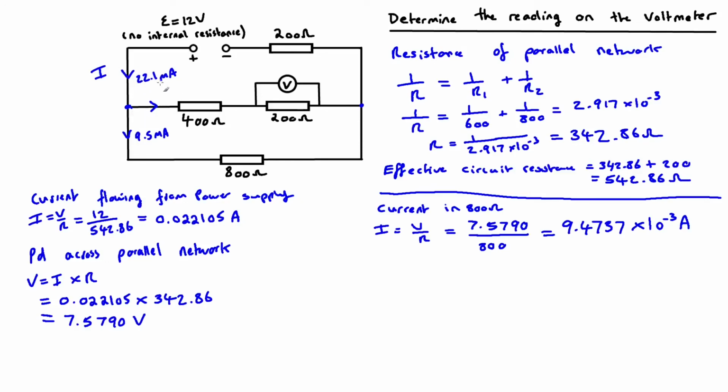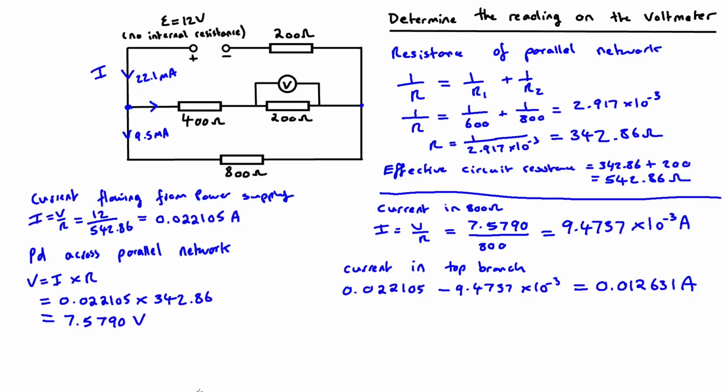It's going to be 22.1 minus 9.5, because we know the current that comes into this branch must equal the total current coming out again. So this current plus this one through the top branch has to add up to 22.1 milliamps. So we can work out now the current in the top branch. There we are. Again, I've written the answer down to 5 significant figures because I'm going to round in the final step to avoid a rounding error.